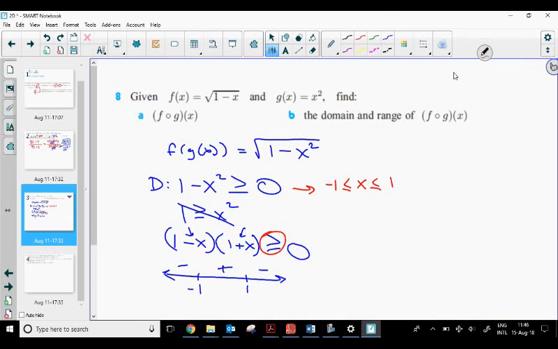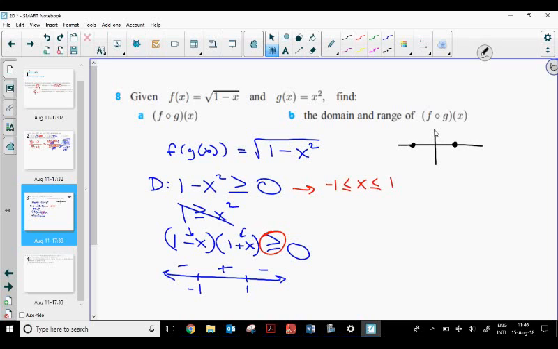Thinking about the range now, again, let's imagine what happens at these extremes. When x is equal to -1, the y value is going to be equal to 0. And when x is equal to +1, the y value is going to be equal to 0 again. We can start to sketch out what this might look like.